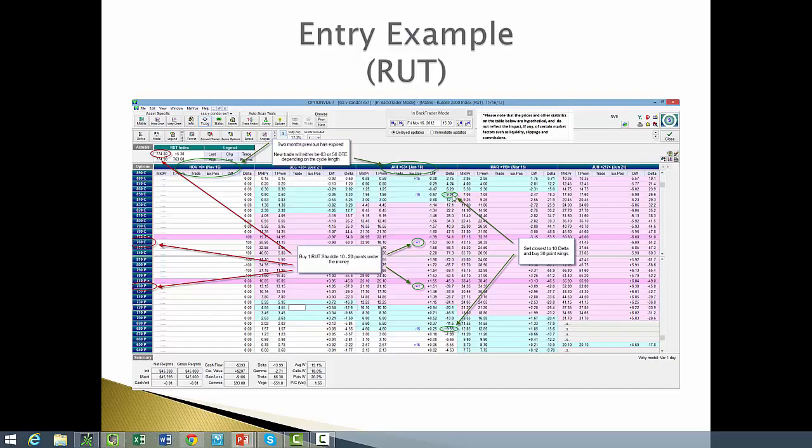In this case, we have 907 and 956. That's very close to 10. We sell those. We buy our 30-point wings. We come in about 10 to 20 points under the money. So here we're at 774, so we come in 14 points under at 760 with our straddle. And that's our entry position.